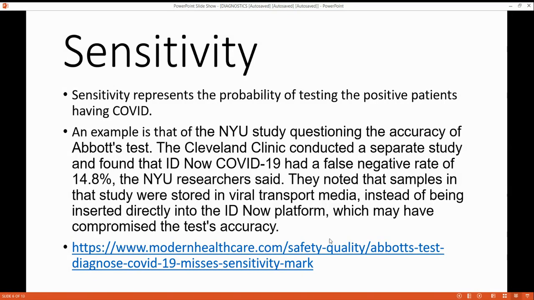To get to that, Cleveland Clinic also conducted a separate study and found that the Abbott ID Now COVID false negative rate was 14.8%. Wow, that is such a high number. What this meant, a false negative rate, was that the sensitivity wasn't truly as advertised.